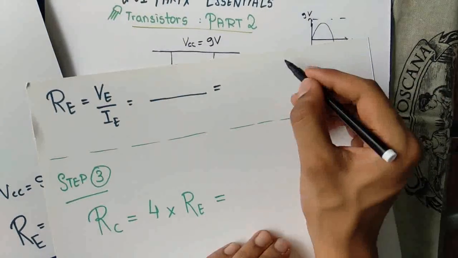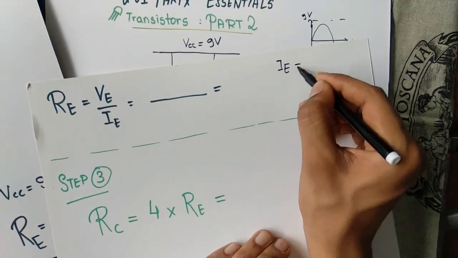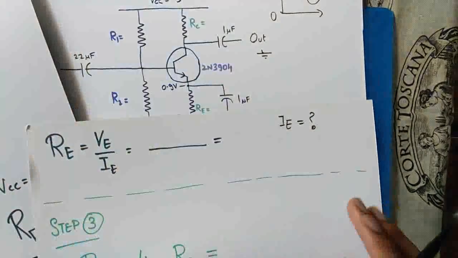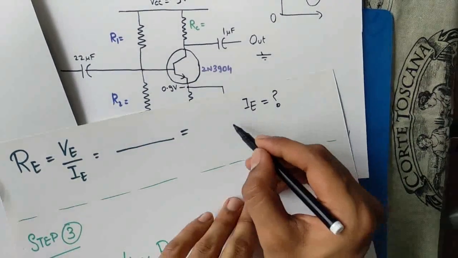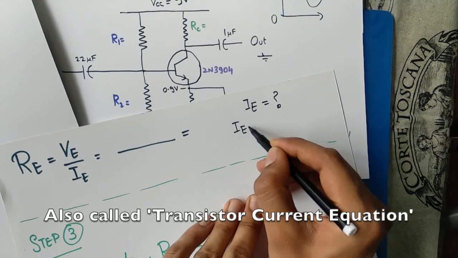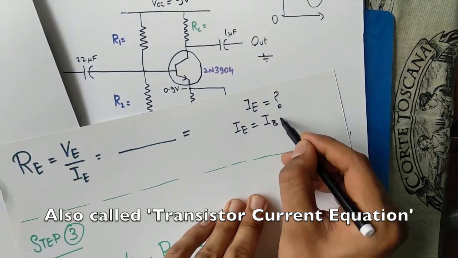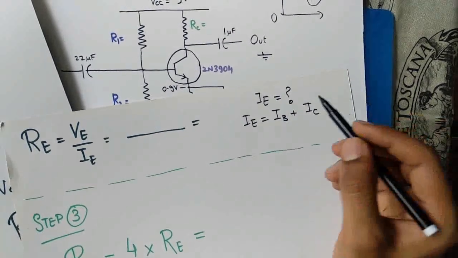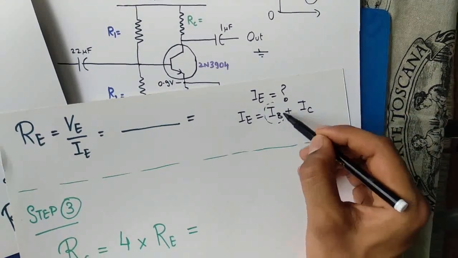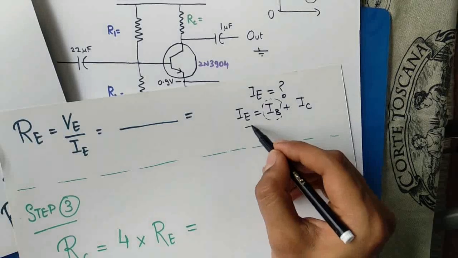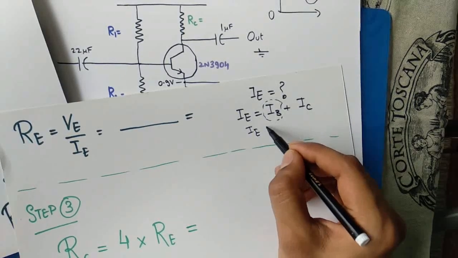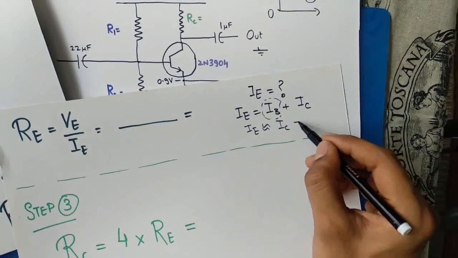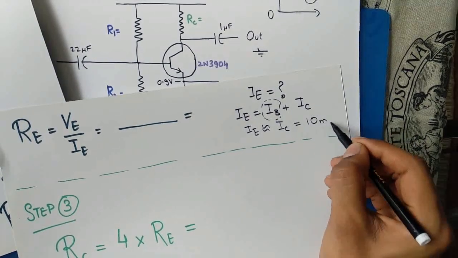But do we know IE? It turns out that there's a very important equation: the emitter current is equal to the base current plus the collector current. But in our case, IB is very small and we can almost neglect it. So we can say that IE is almost equal to IC, which is 10 milliampere as we decided.